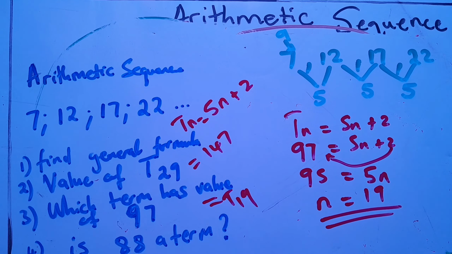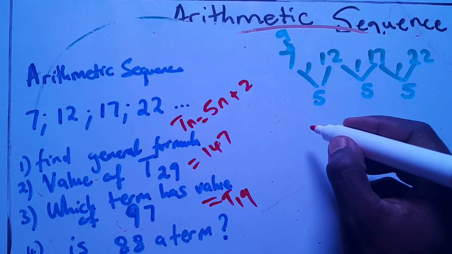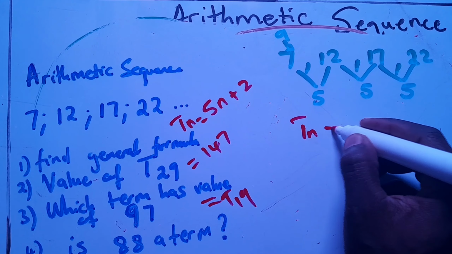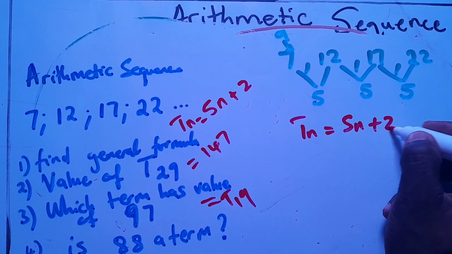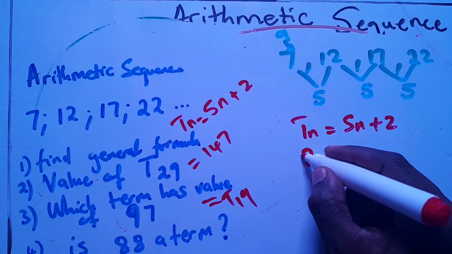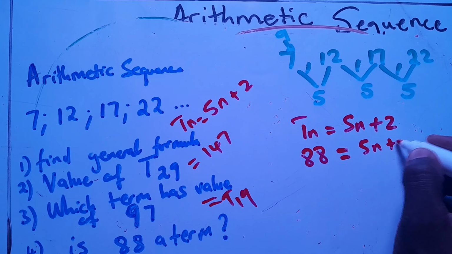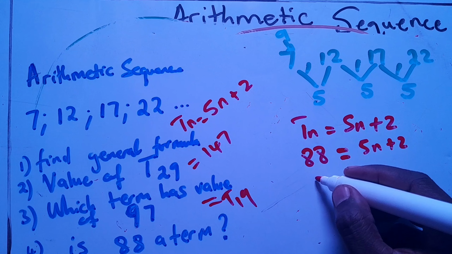And the last question they said is, is 88 a term in this sequence? So how do we do this one? Again, we use the properties, right? Let's see. The formula still is Tn is equal to 5n plus 2. So let's substitute 88 equal to 5n plus 2, and then we can bring 2 this side.